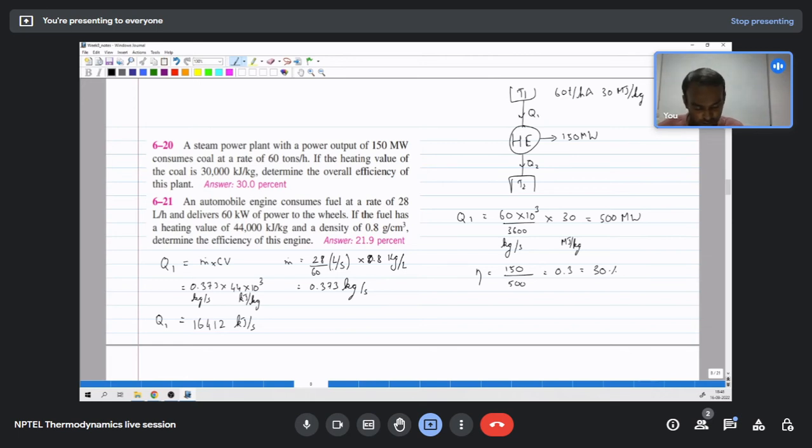Okay, sorry, the m dot is given in liter per hour, so this should be 3600. To convert the liter per hour to liter per second, I should divide it by 3600. So this is 6.22 into 10 power minus 3 kilogram per second.